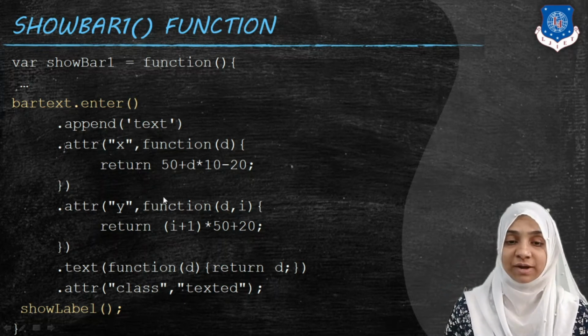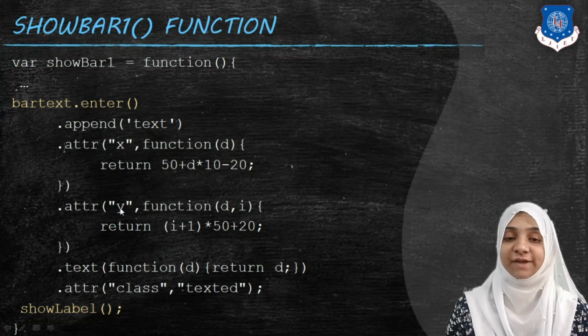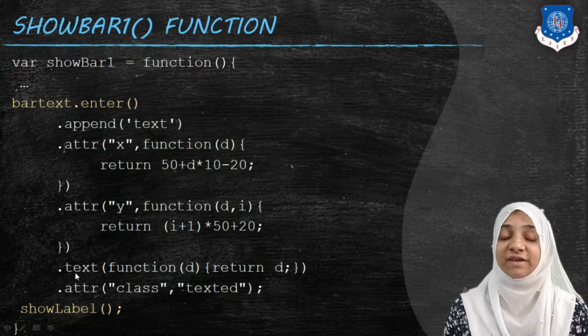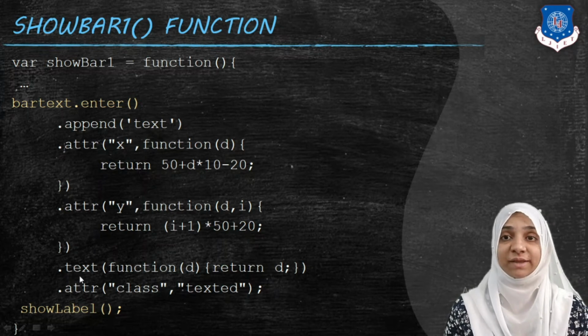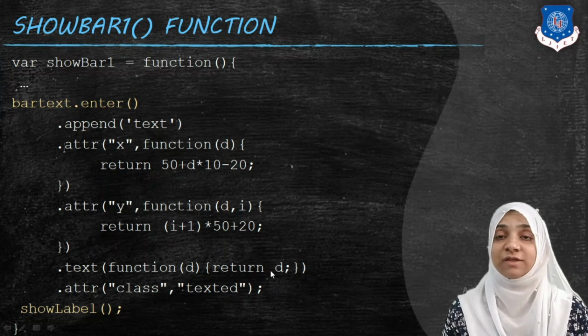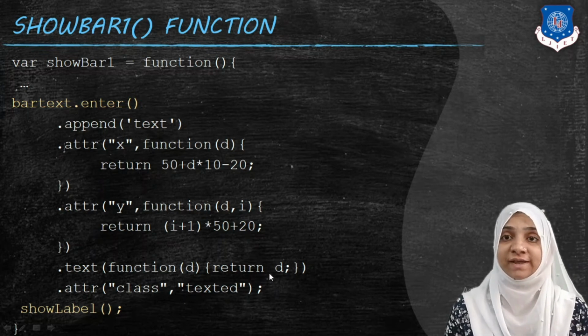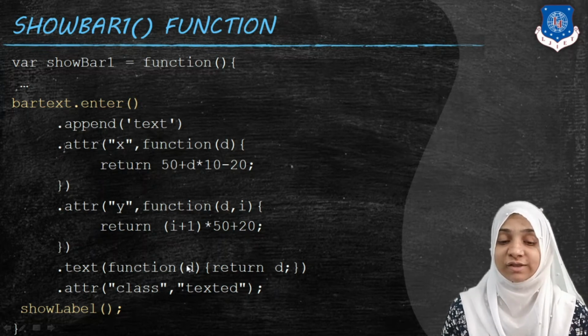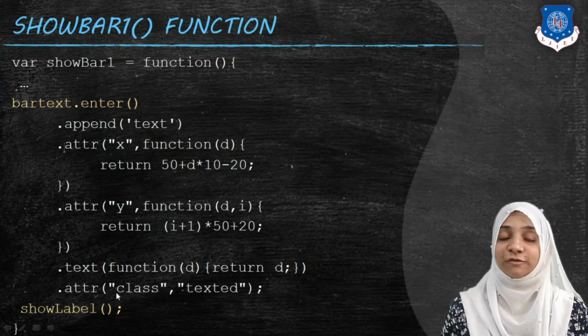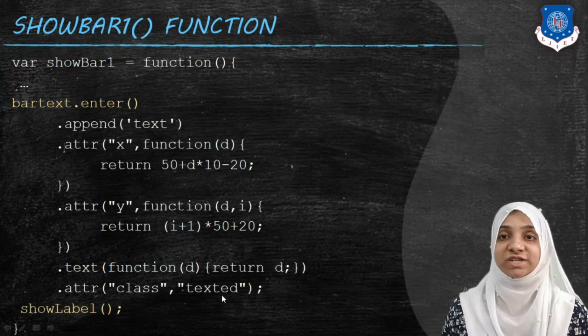So this is our x and y coordinate of text, and the actual text that needs to get displayed is set with the help of text method, and that text method is function of data. We simply return D. So for whatever value of data is there, it's going to get stored inside text value. And we use one class that is called texted, and within that class I can change the styling.